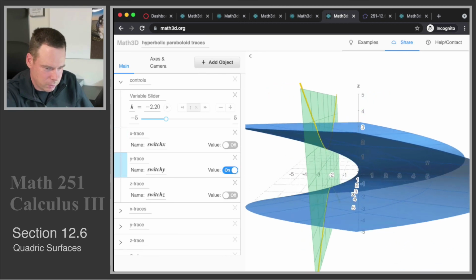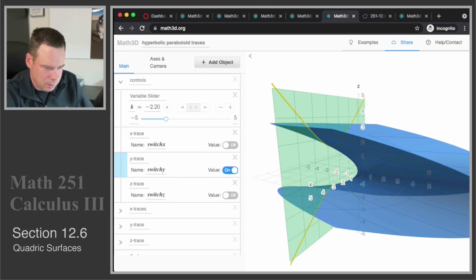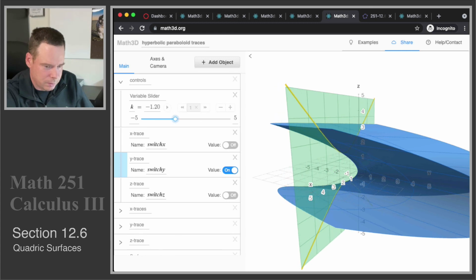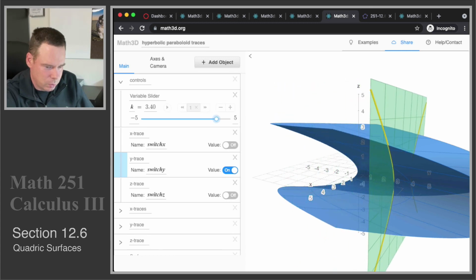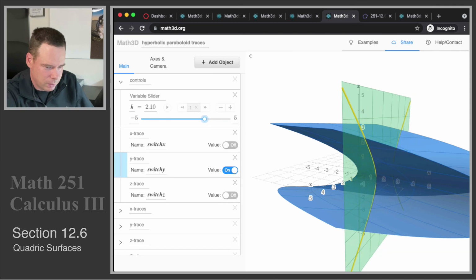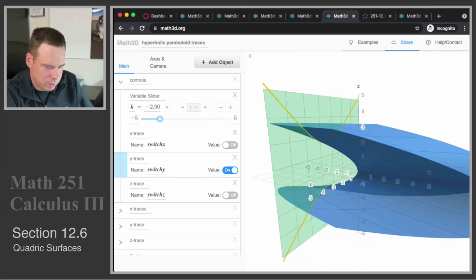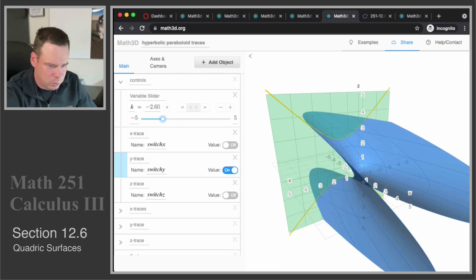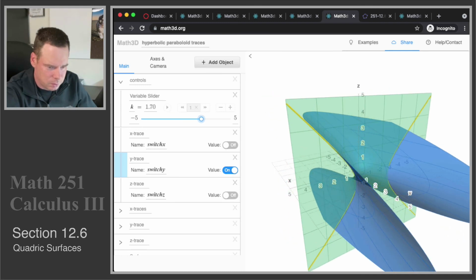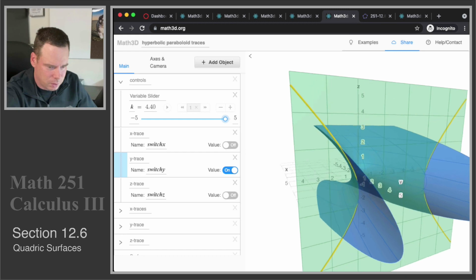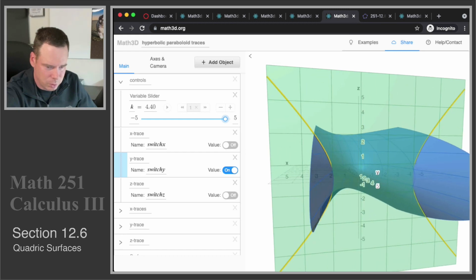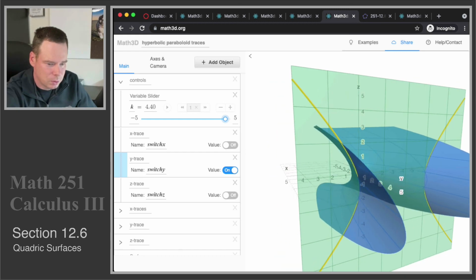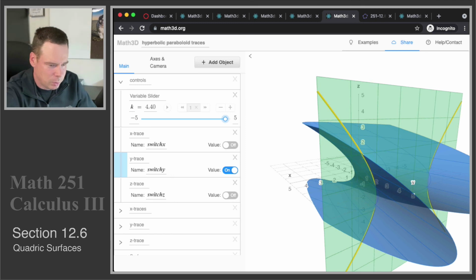So there's our y direction slice. And we just let that plane sweep over various different y values and see how it intersects. And these are the hyperbolas that we're getting. As we drag our curve along, we get these different hyperbolas. So now these ones are opening sideways.